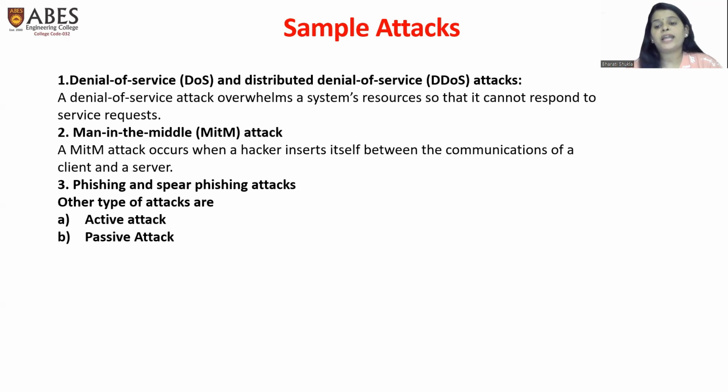When the client communicates with the server, the man-in-the-middle attack accesses all the information and all the important IDs while the communication is transferred from client to server and server to the client. The man-in-the-middle places itself between both and hacks all the data which is sent and received between the client and the server.